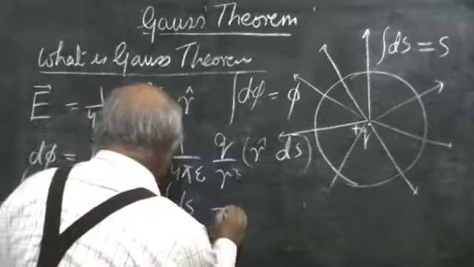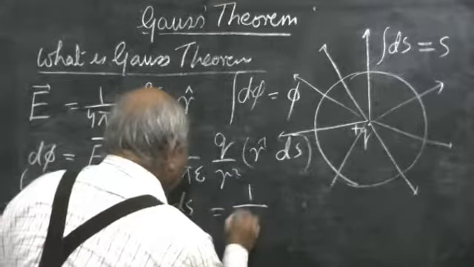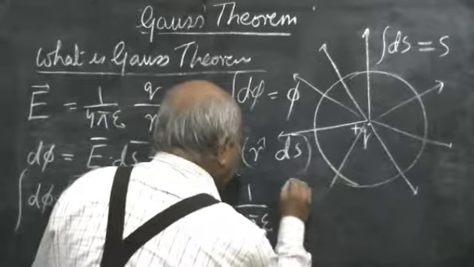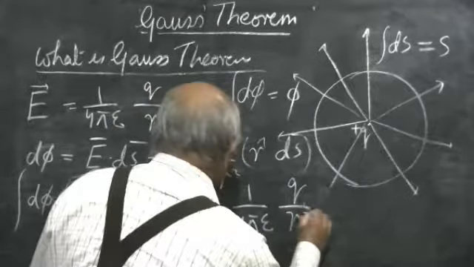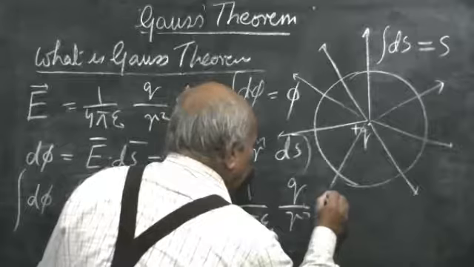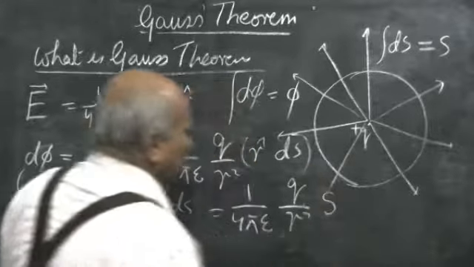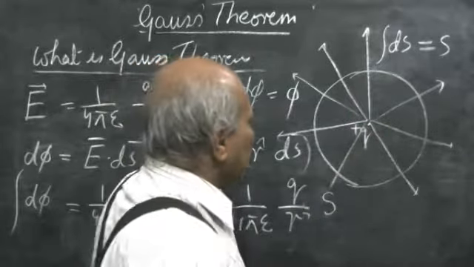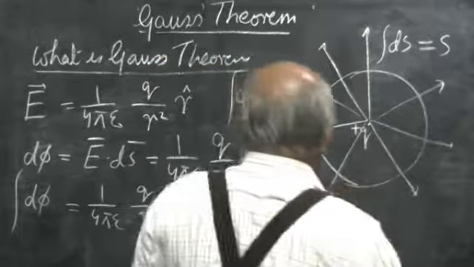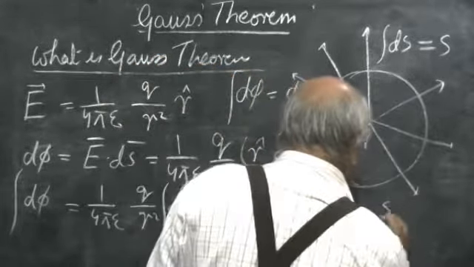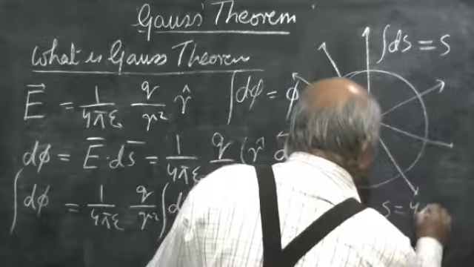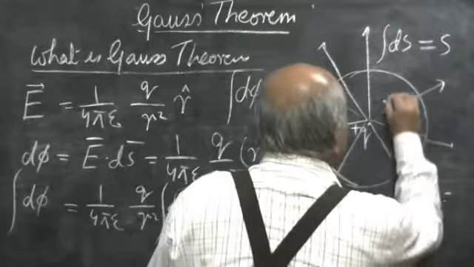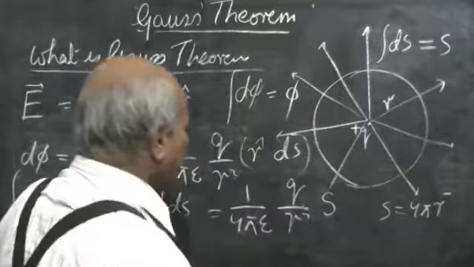This will become 1 upon 4 pi epsilon naught, q upon r square, and after integration this will be S. S means, if we take a sphere, the surface area of this sphere is equal to 4 pi r square. R is the radius of this sphere.